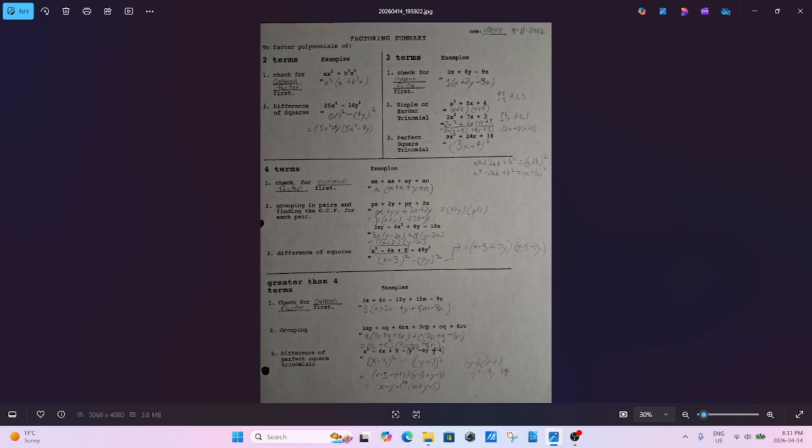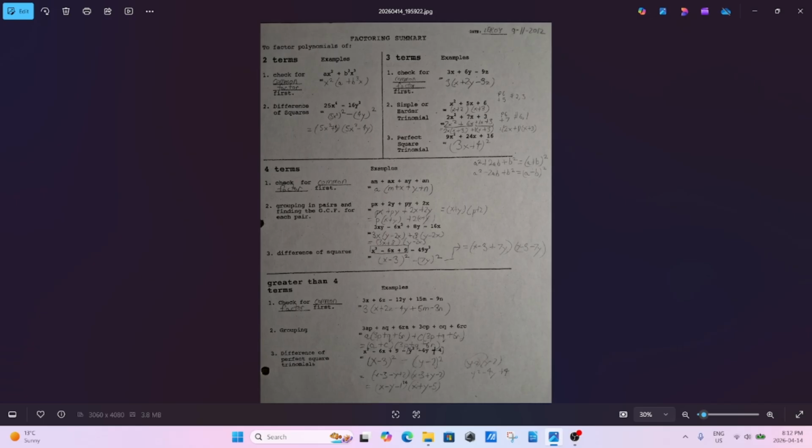And sometimes for two terms, there's something called difference of squares, where you can just factor a squared and b squared, and it just becomes a plus b times a minus b.